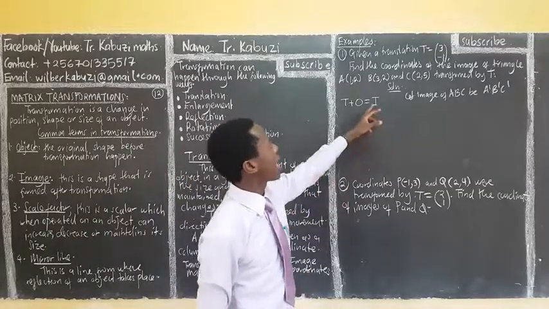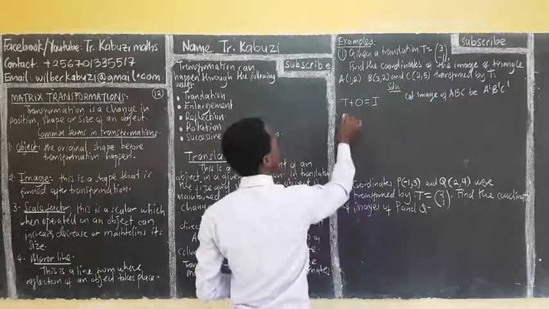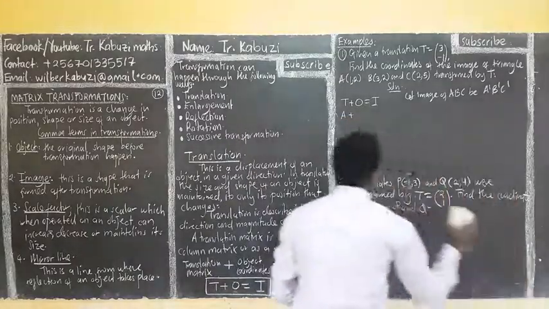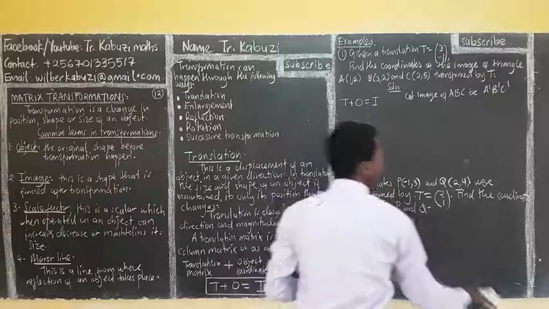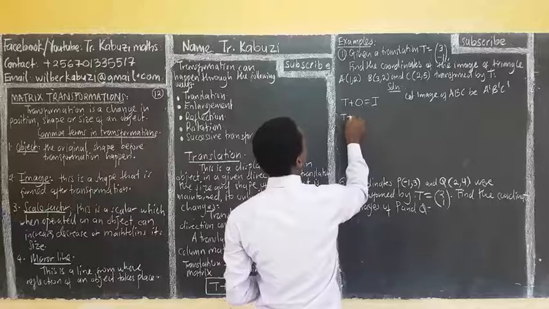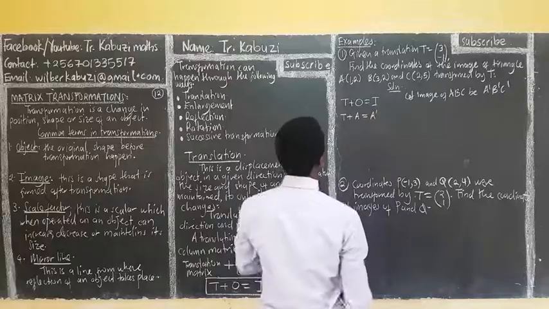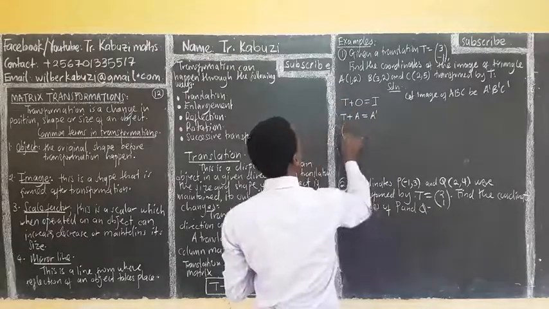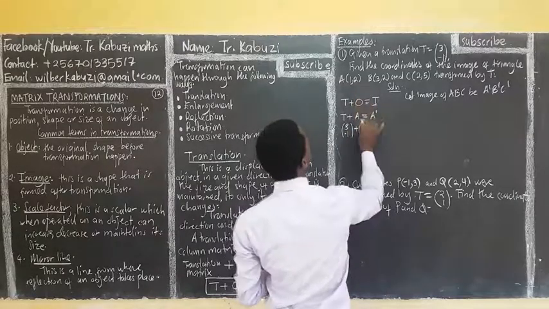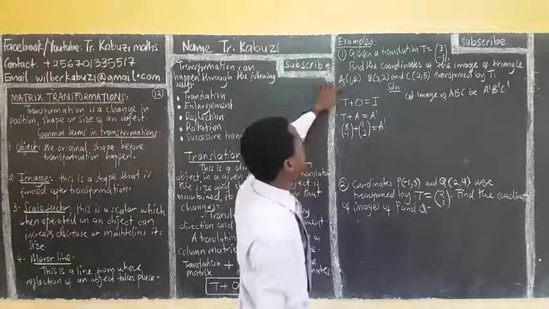Meaning, if I have the transformation T plus my object A, I'll get the image A prime. Now I substitute my T, which is 3, negative 1, plus my object, which is 1, 2, converted to a column vector.